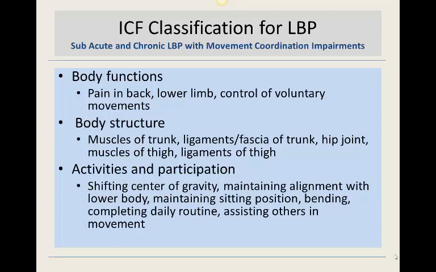Activities and participation, again, shifting center of gravity and maintaining alignment. Maintaining sitting positions may also be limited. Bending and completing a daily routine are all going to be activities that may be limited in these patients.